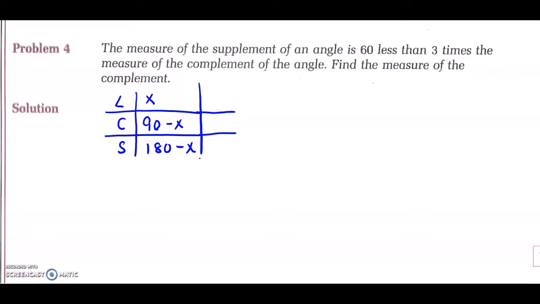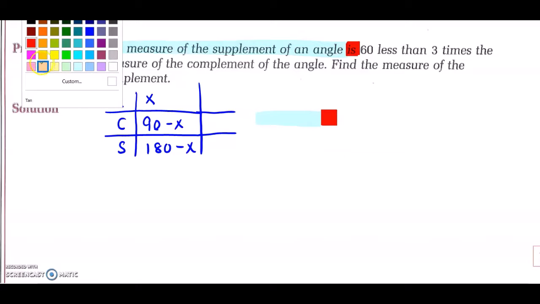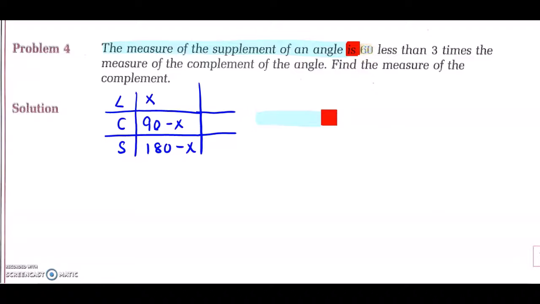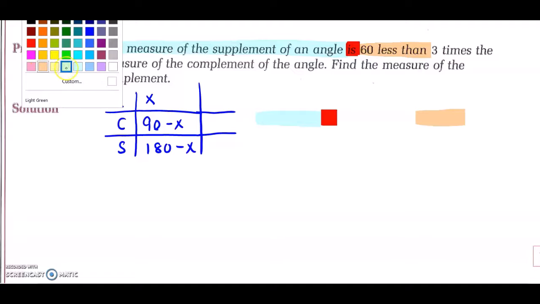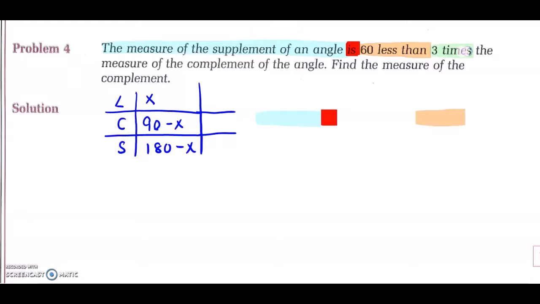And then the measure of the supplement of an angle is, that's my equal sign, 60 less than 3 times the measure of the complement of the angle.